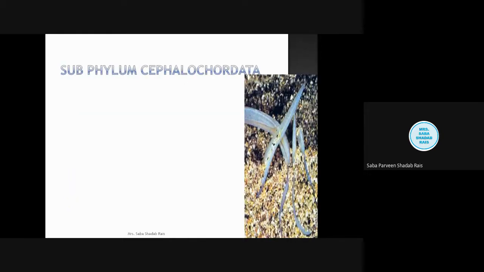Now the division Protochordata, we have learned. In that we will be talking about the subphylum Cephalochordata. What was our group? Protochordata, which we have already discussed. Now when we talk about the Cephalochordata, they are exclusively marine animals.